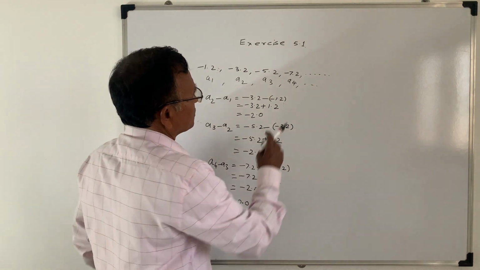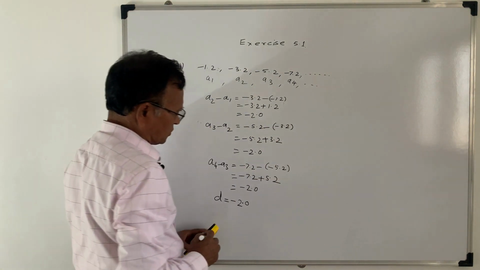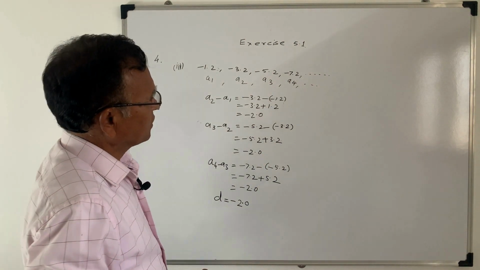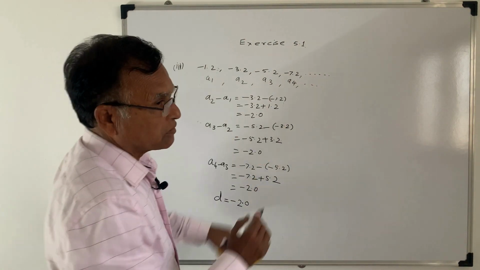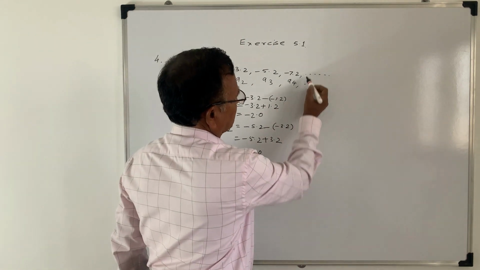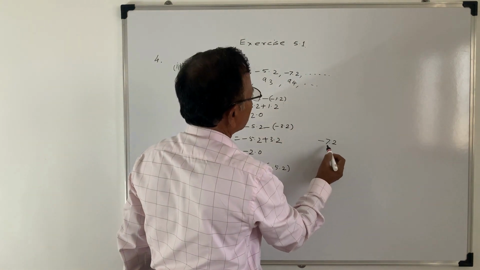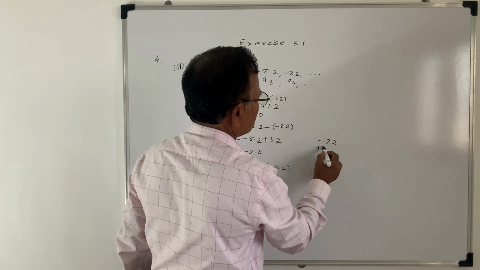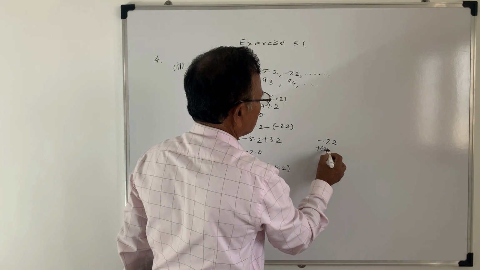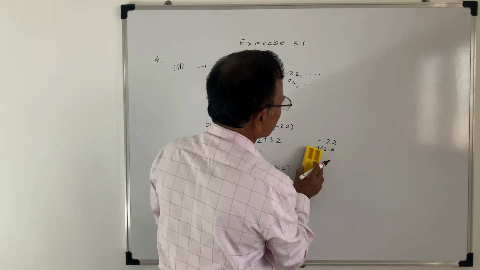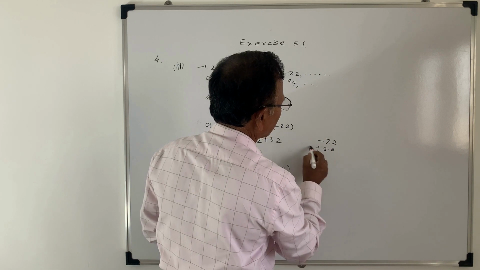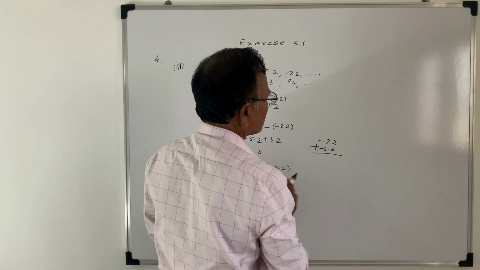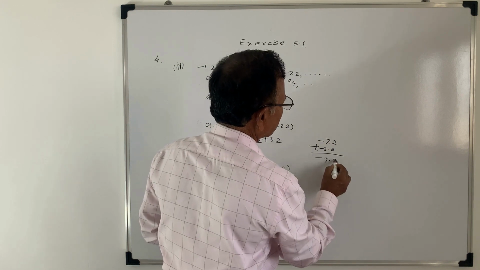Now fifth term is not given. So by adding -2 here, you can get fifth term also. -7.2 is the fourth term. यहाँ पे -2 प्लस कर दीजिए, so that you will get -9.2.